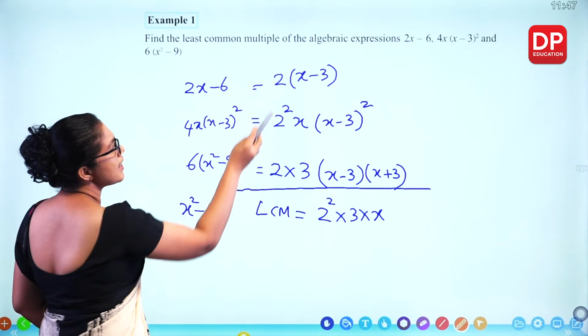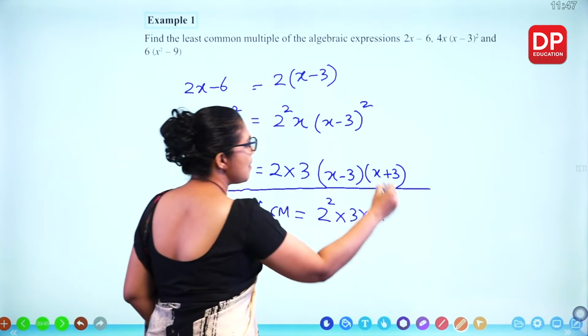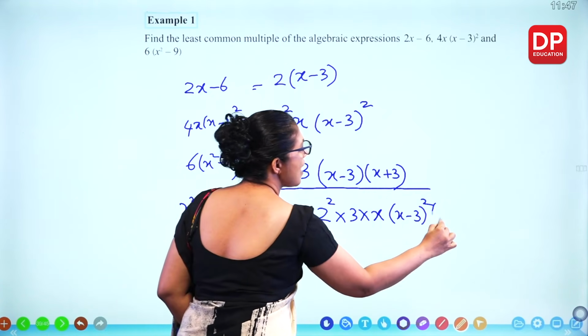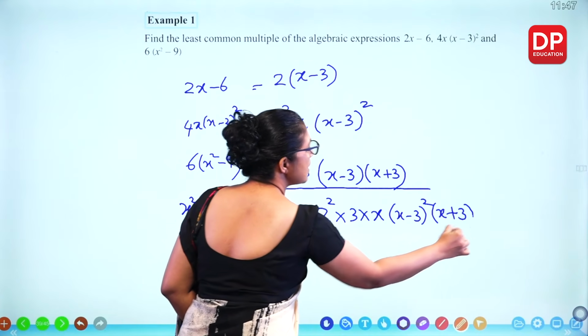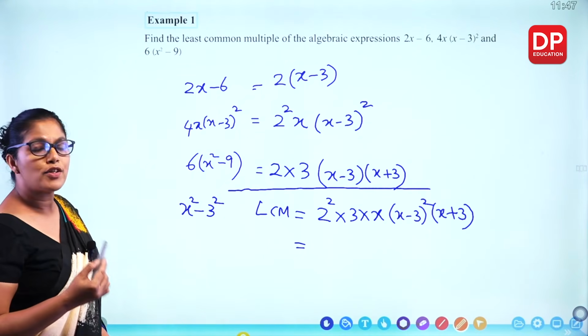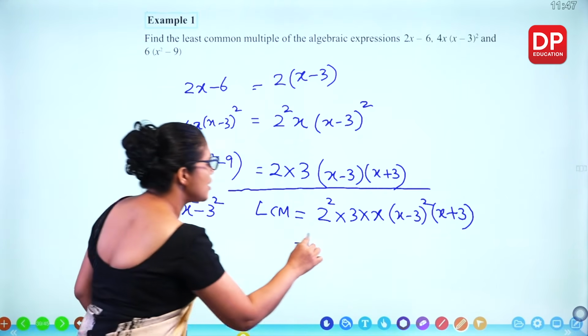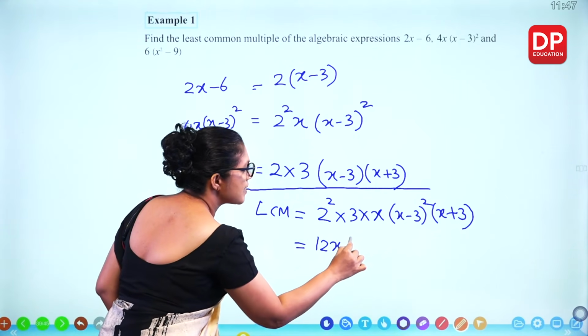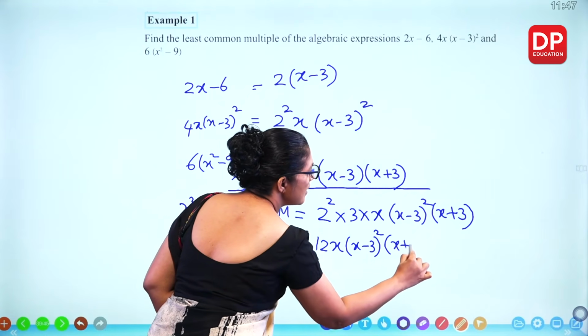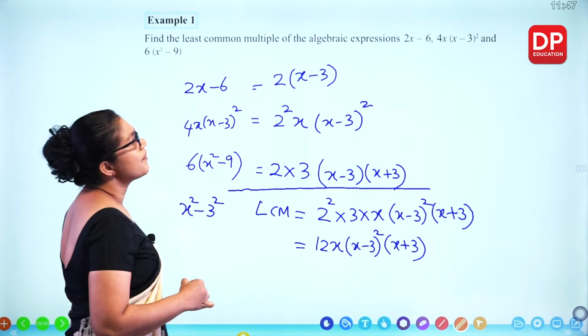And here when you take x minus 3, the maximum power is (x minus 3) squared and you get another term x plus 3. So what's the least common multiple? 2 to the power 2 is 4. 4 times 3, 12. 12x (x minus 3) squared and (x plus 3).